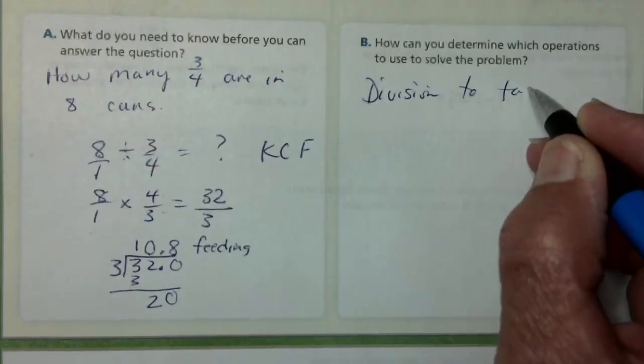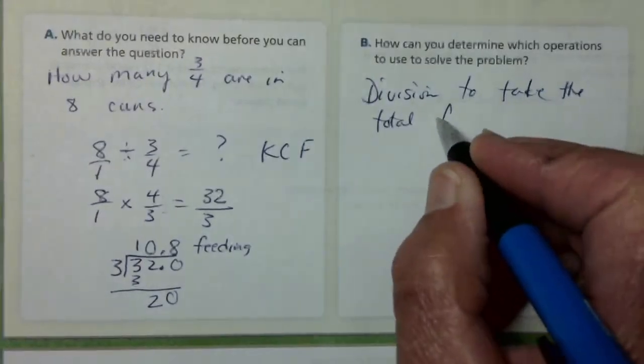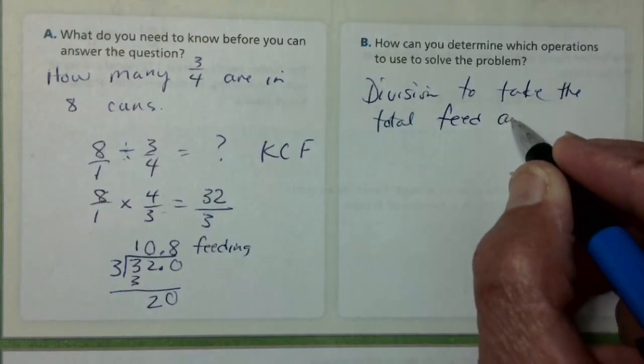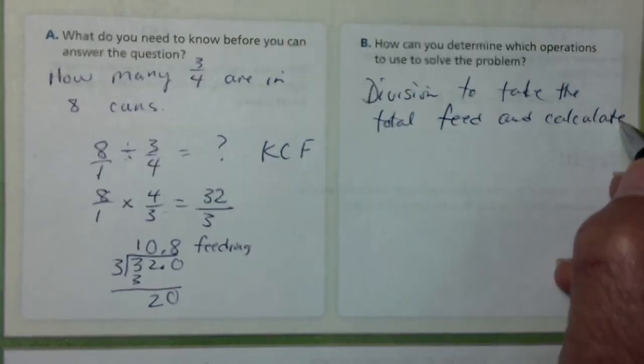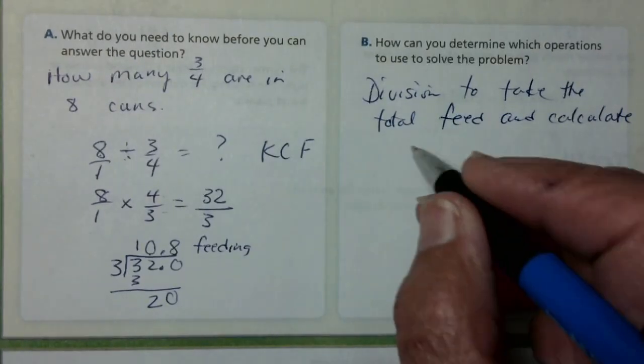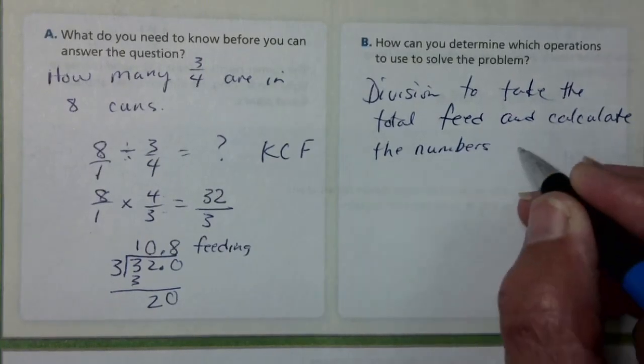to take the total feed and calculate. That's what we do when we're doing math. We calculate the number of feedings.